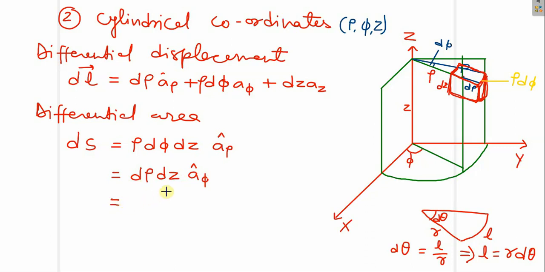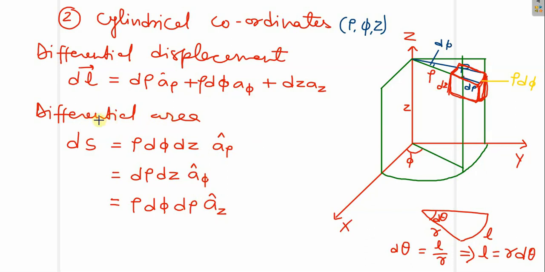And third will be rho d phi and d rho, and the direction will be along z. So these are the three unique surfaces. We have six surfaces, but one surface is parallel to another, so we have these three unique surfaces.